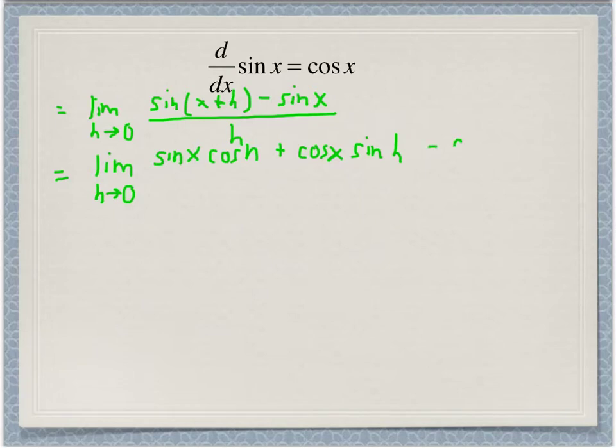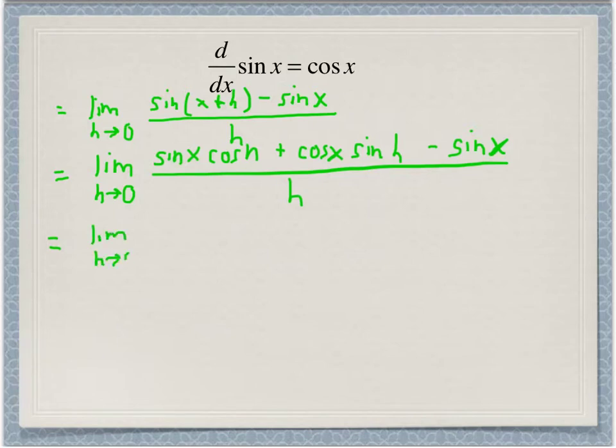And then we're going to subtract our original sine function here again, and all of that is going to be over h. Now this might look like kind of a bunch of mishmash stuff, but notice what we do have here is we have a couple of common factors. We have a sine of x here and a sine of x here. So what I can basically do then is factor out that sine of x. So I'll do that here.